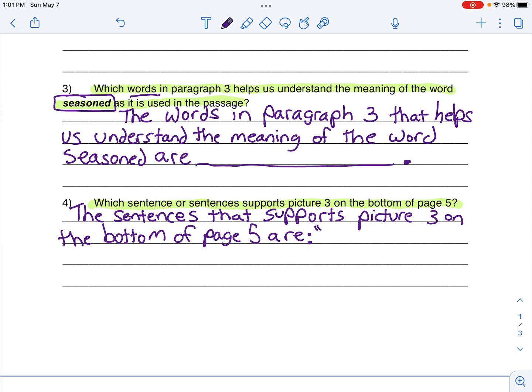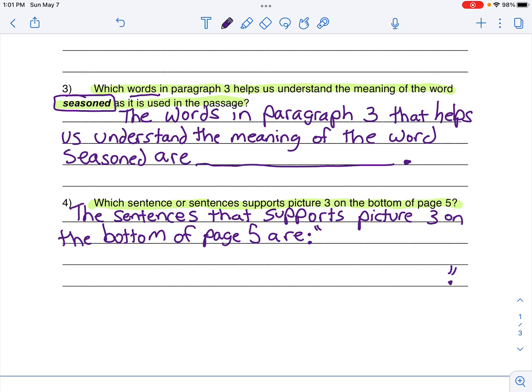And again, we're going to borrow words from the passage, so we want to make sure that the reader knows that they're not your words, that they're borrowed from the author. So we're going to go ahead and put quotations there. Okay, don't forget to end it with end quotations and the correct punctuation.